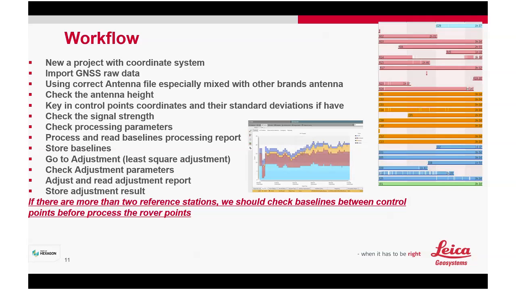So that's why before any rover point processing, if you have two control points, you really need to do checking first. Check whether your control points are good. If they are good, then we can carry out the rest of the rover point measurements and baseline processing.